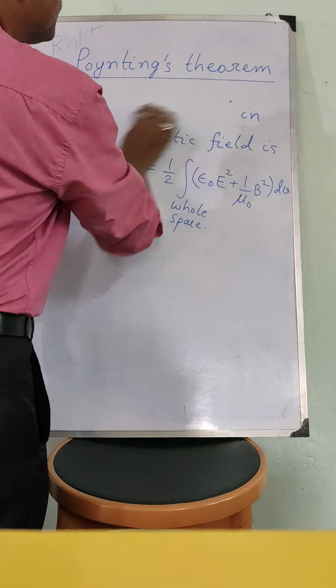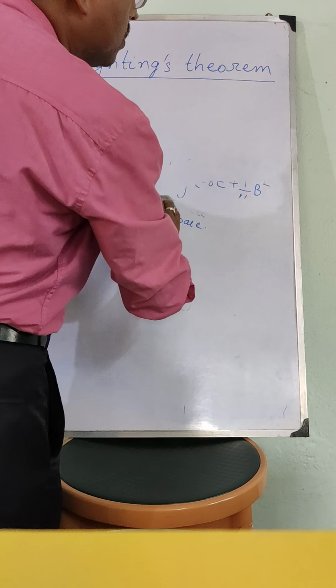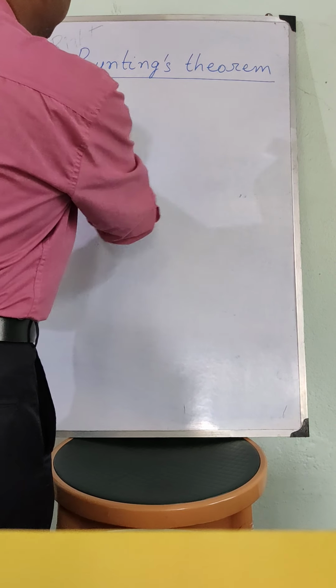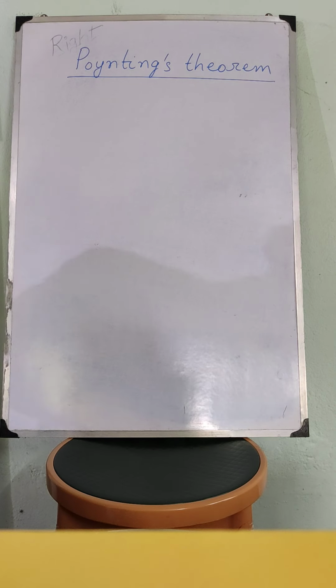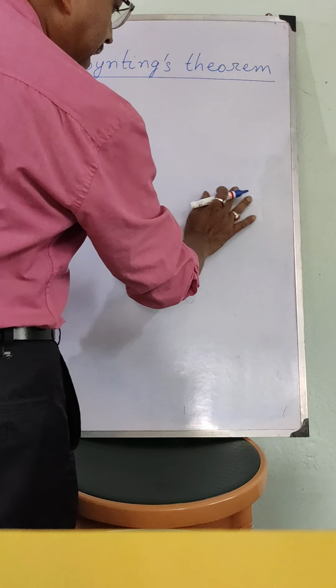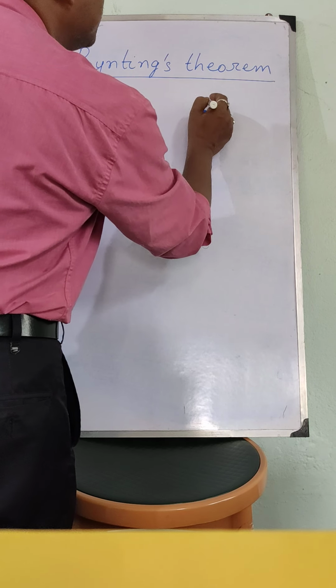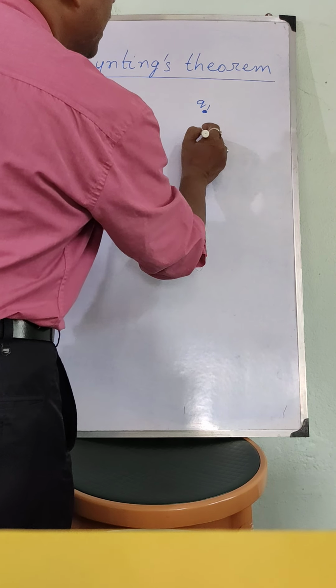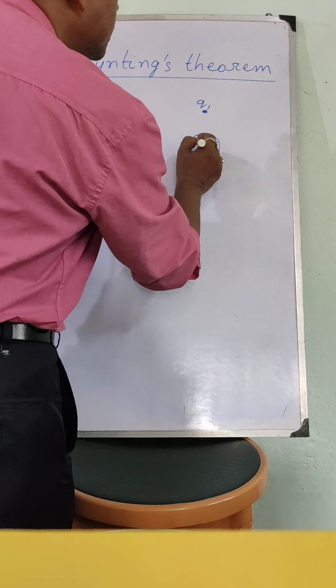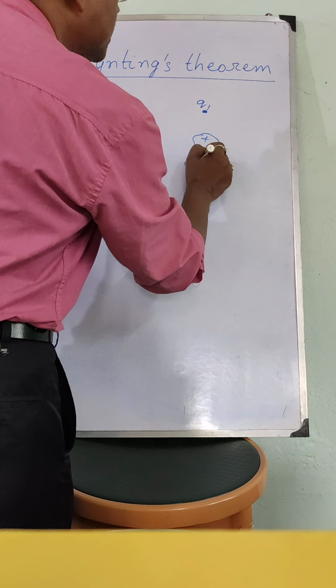Now suppose we have some charge and current distribution in space. Suppose here I have Q1 charge, here I have Q2 charge. Suppose these are charges.